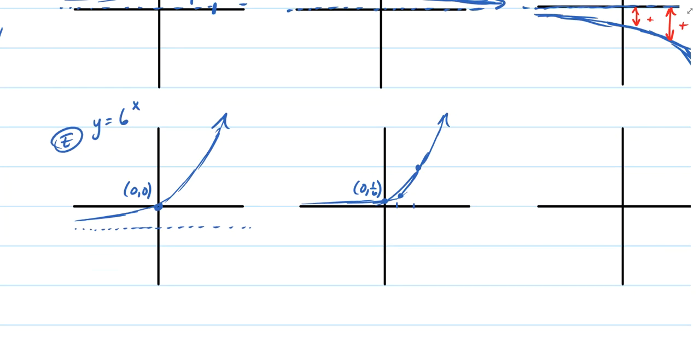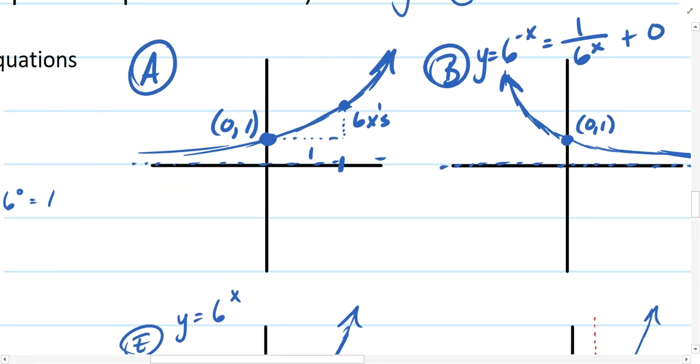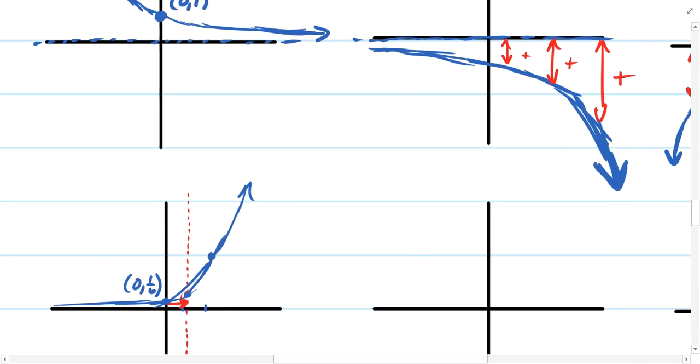But what's interesting is that this graph, and I know it's a little bit off because of the data points I tried to plot here, is identical to part A, except it's been shifted over to the right 1 unit. So part A struck the y-axis at (0, 1).